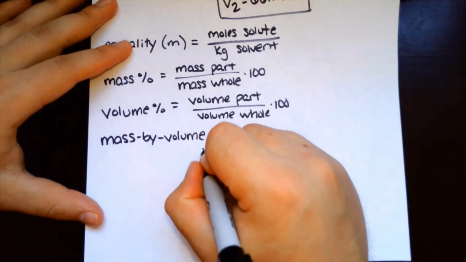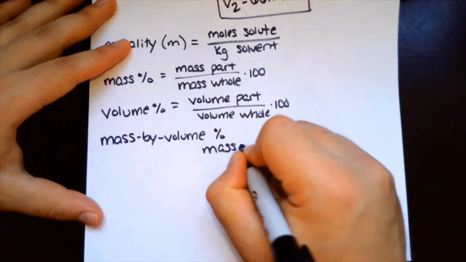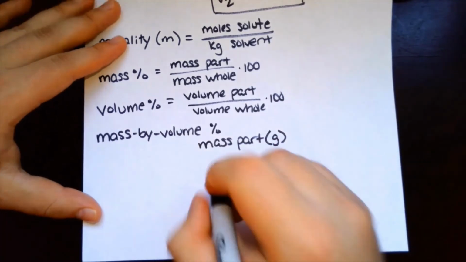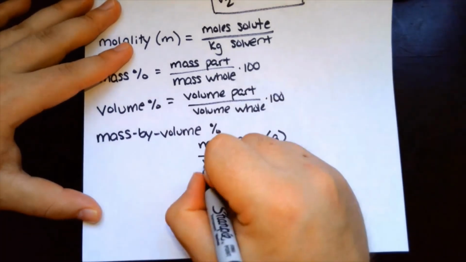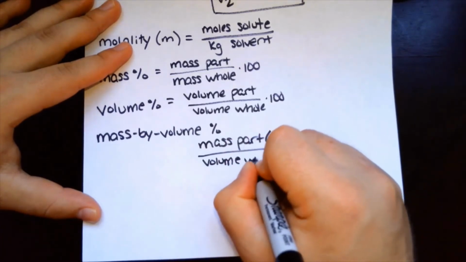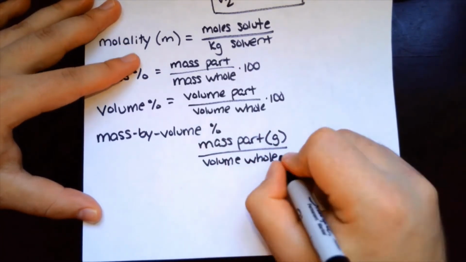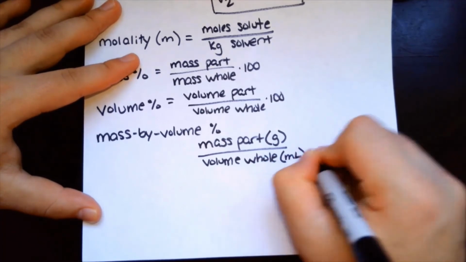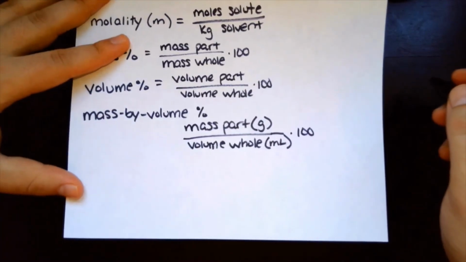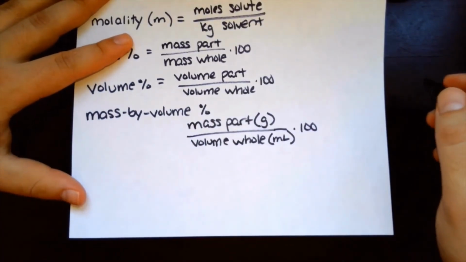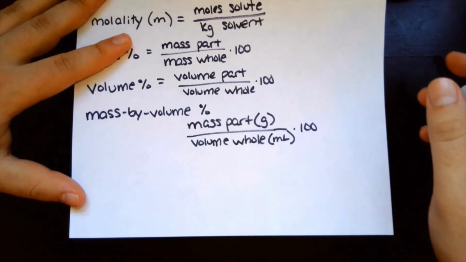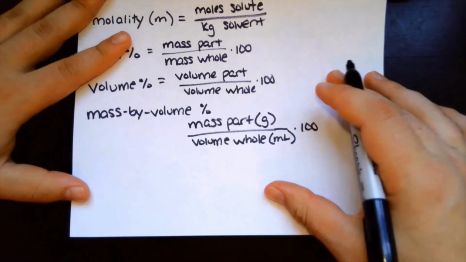So this is the mass of the part in grams over the volume of the whole in milliliters times 100. Right? So mass by volume percent does have to be in specific units. The mass unit is grams, the volume unit is milliliters. And then just two more.